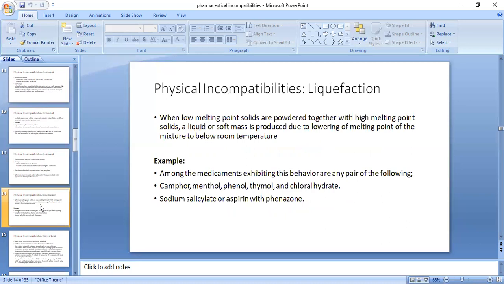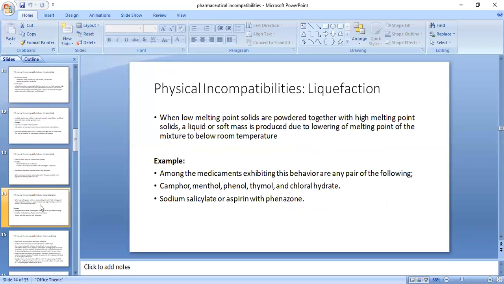Then liquefaction. When low melting point solids are powdered together with high melting point solids, a liquid or soft mass is produced due to lowering of the melting point of the mixture to below room temperature.